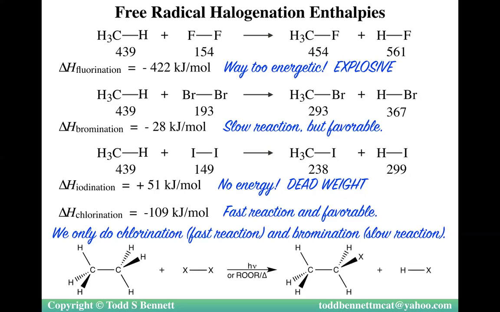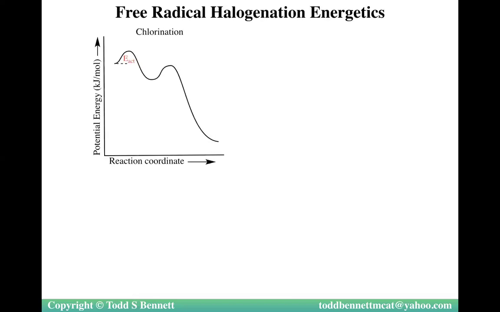So when we do this reaction, light or heat with peroxide to initiate it, the halogenation process will put a halogen on this compound and an HX. And again, the ratio 1 to 1, we'll put one on. 1 to 2, we'll put a second one on, and so forth. Okay, so the energetics of the whole thing.